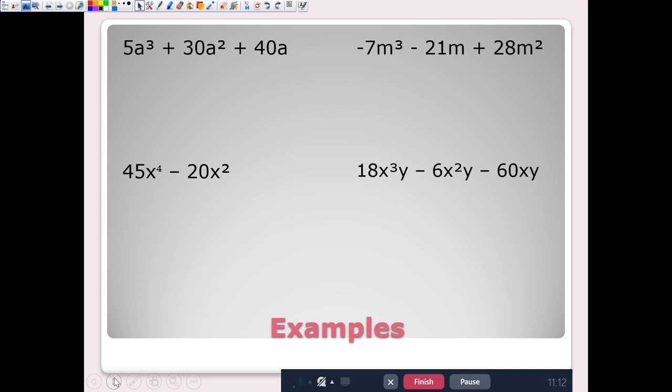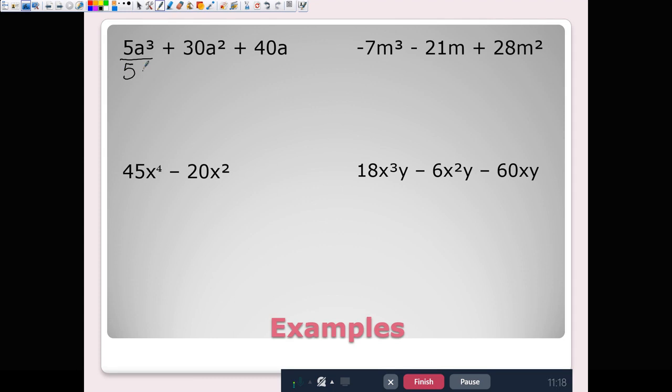Yes, 5A. So I'm going to factor out 5A, so everything's going to be divided by 5A. 5A is going to go on the outside because that's my GCF, and then my quotient, after dividing, is going to go on the inside. So I'm going to have A squared plus 6A plus 4 or 8.